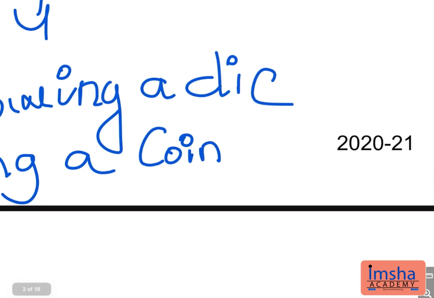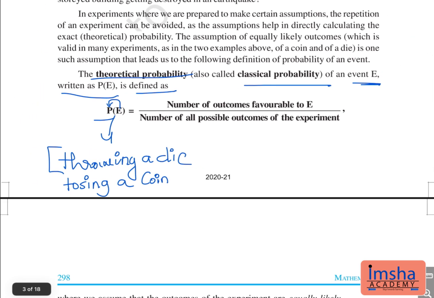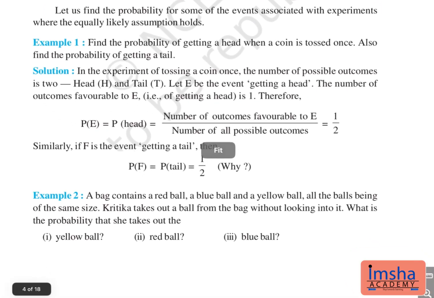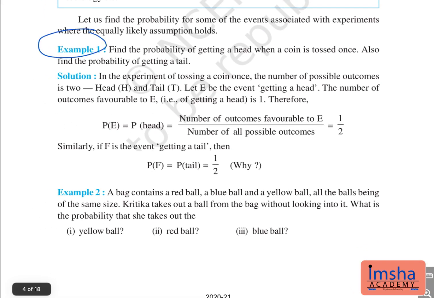So P of E is equal to the number of outcomes favorable to the event E divided by the number of all possible outcomes of an experiment. I hope it's clear. Let's see example 1, the first example.